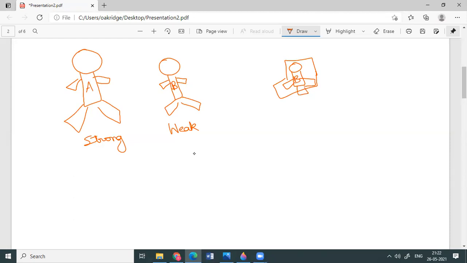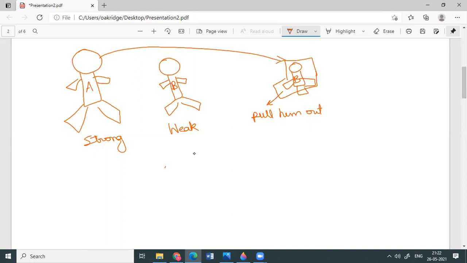Now what will happen? Boy A is really angry. What will he do? He'll quickly go and push boy B from the chair, pull him out or push him out, and he'll sit in his place. This is how, when anything is strong and anything is weak, the normal thing occurs in our daily life.